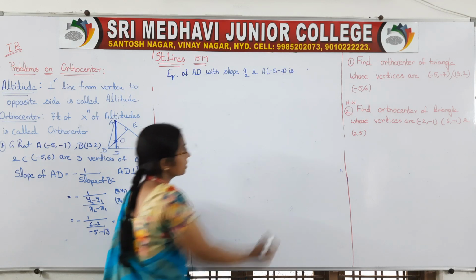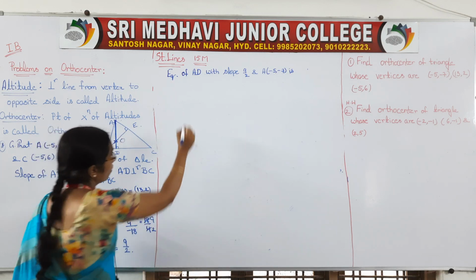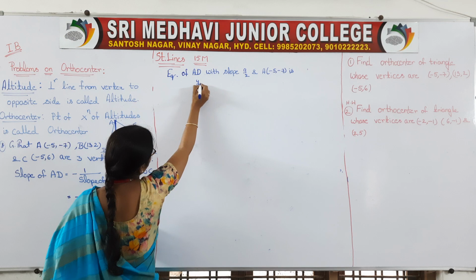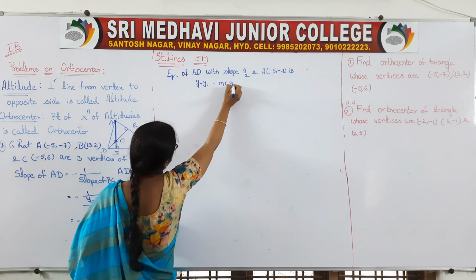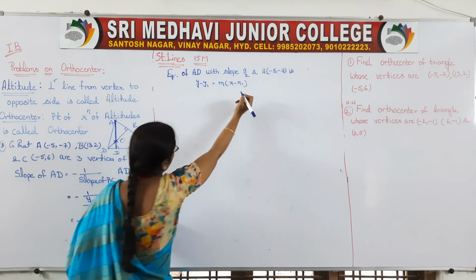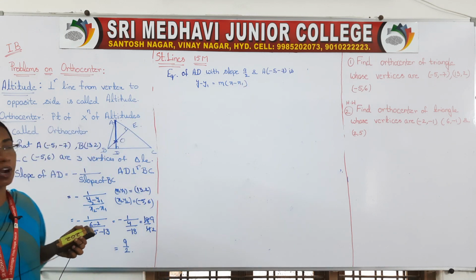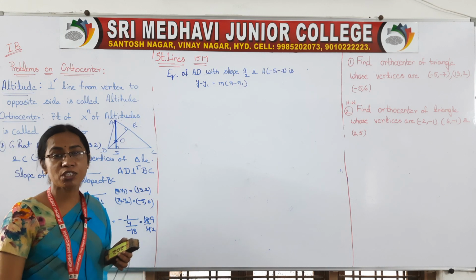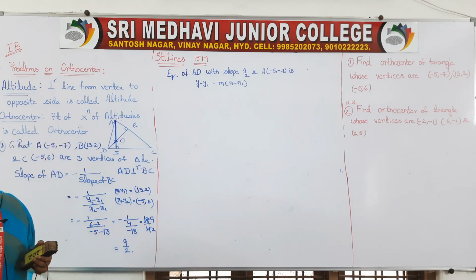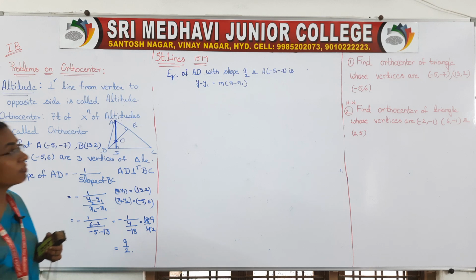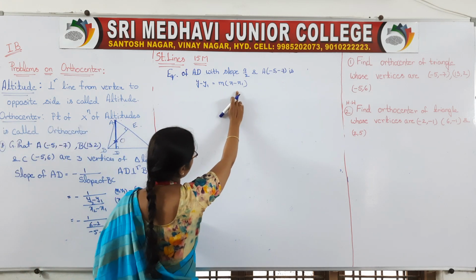When the point is known and the slope is known, what is the formula we have to take? y minus y1 is equal to m into x minus x1. This is the point slope form. If we know the point and the slope, to write the straight line equation, we have to take the point slope formula: y minus y1 is equal to m into x minus x1.